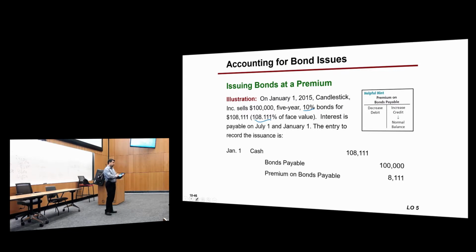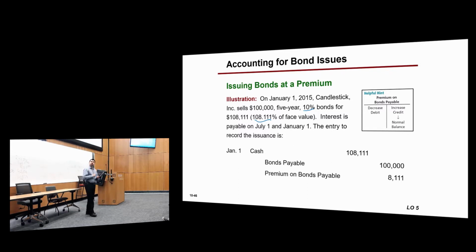Any questions? So when you have a discount on bonds payable, you will be debiting cash, right? You debit also the discount, you credit bonds payable.